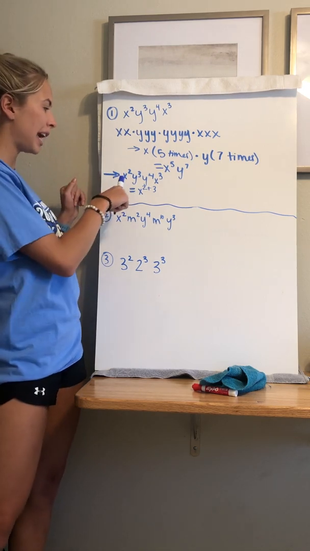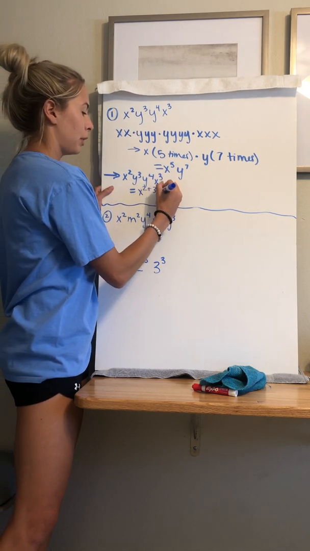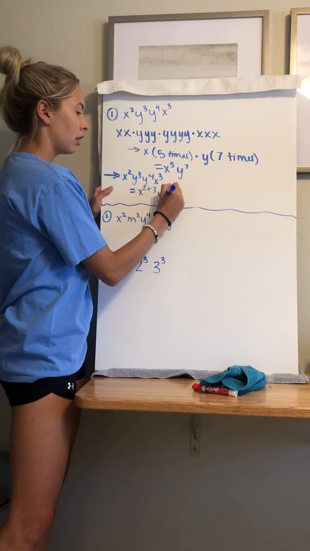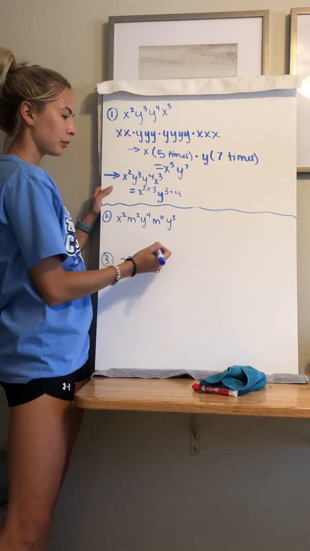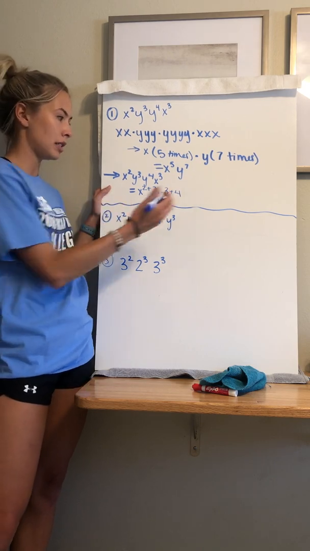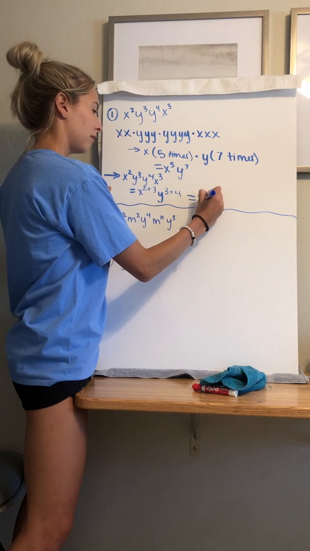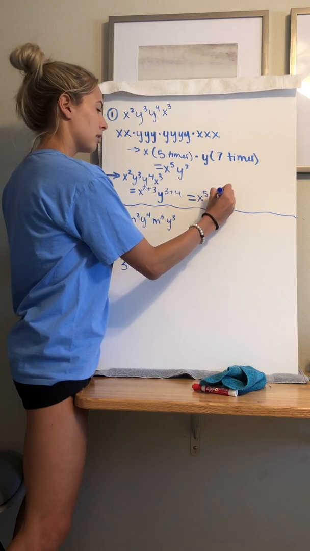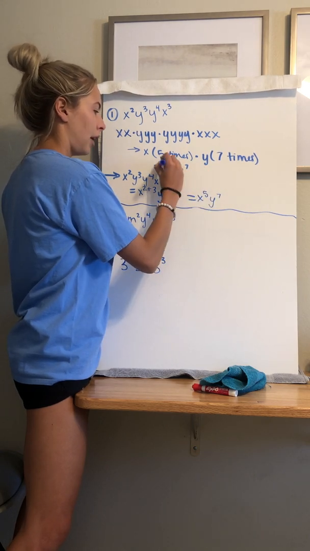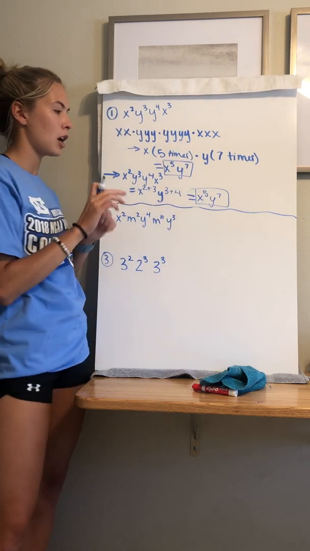So notice how I only added the exponents of the x's, 2 and 3. Now we're multiplying y to the 3rd plus 4. So we're adding the exponents of the y's now. So simplify this, you get x to the 5th times y to the 7th. Now these are indeed the same, so our expanded and our rule worked.